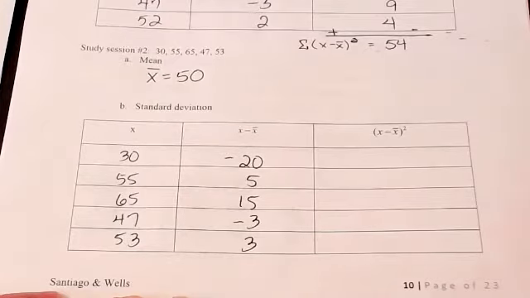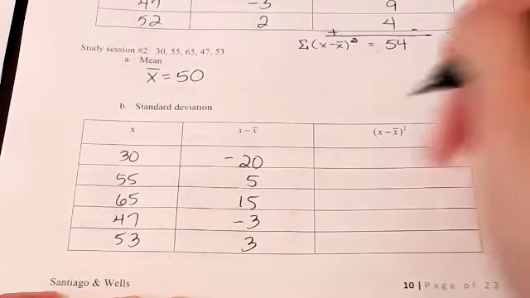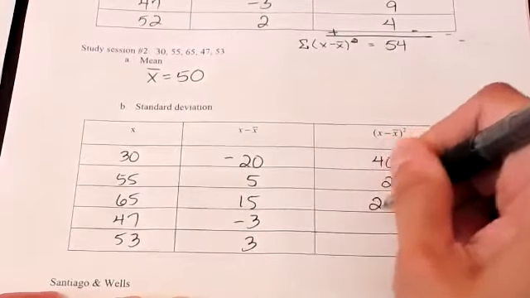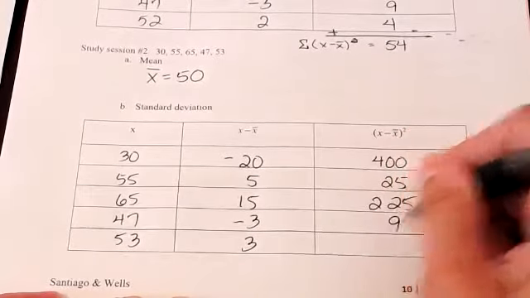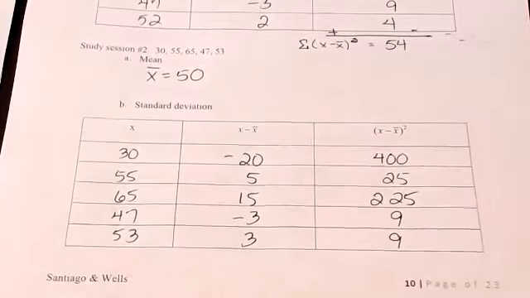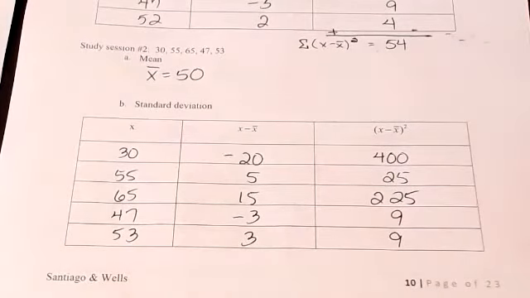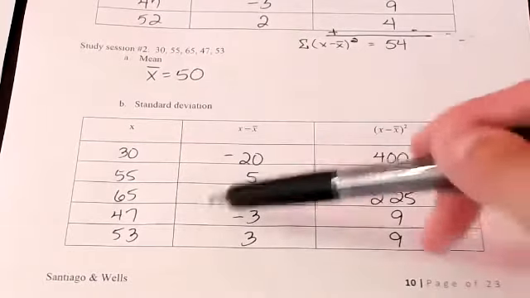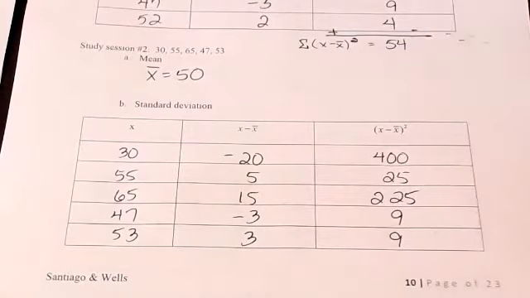We're then going to square each of these values. That's going to give us 400, 25, 225, 9, and 9. Remember, every value in this column is going to be positive because you're squaring the values from the center column, which means you're going to have positive results.